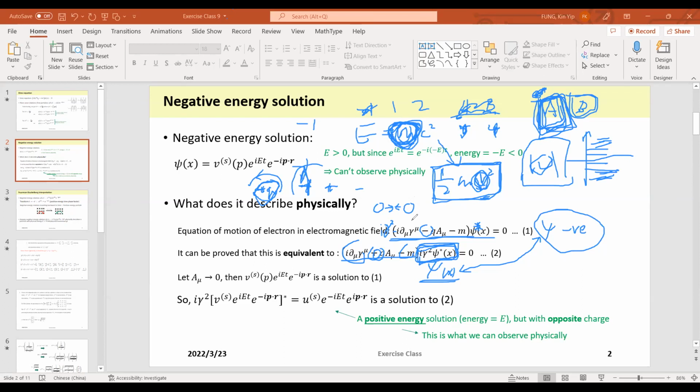Wait, do we actually know that the antiparticles would attract to the matter particle? If you put two antiparticles together, do they actually attract each other?